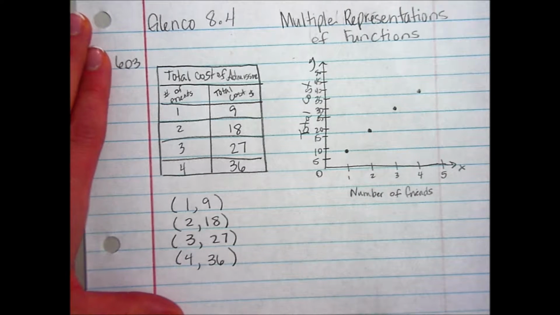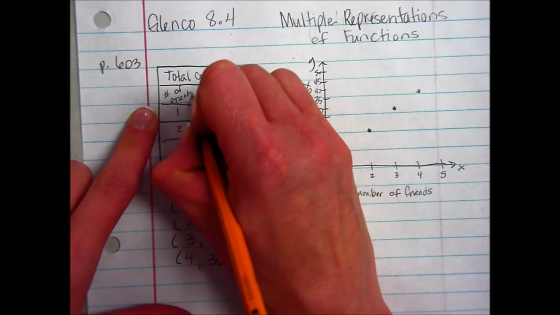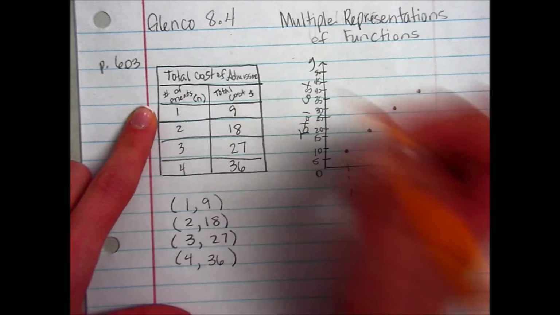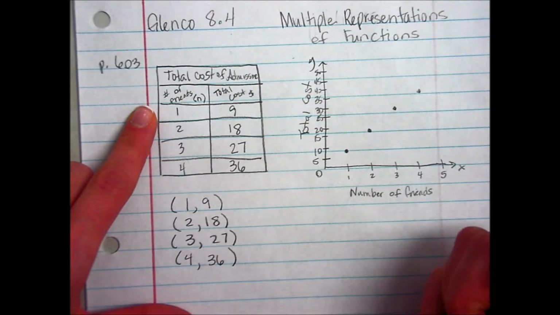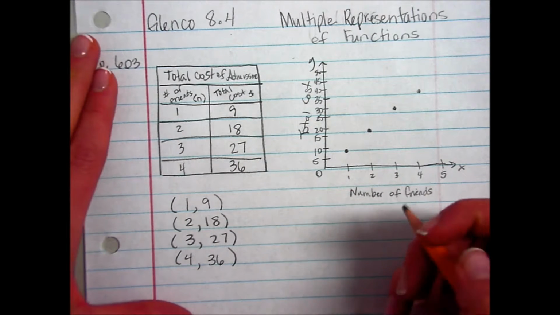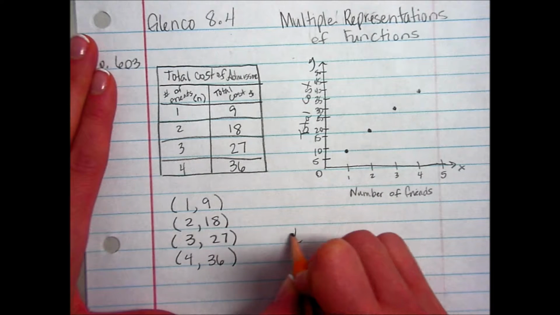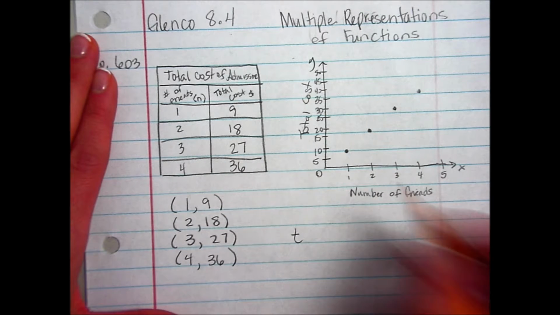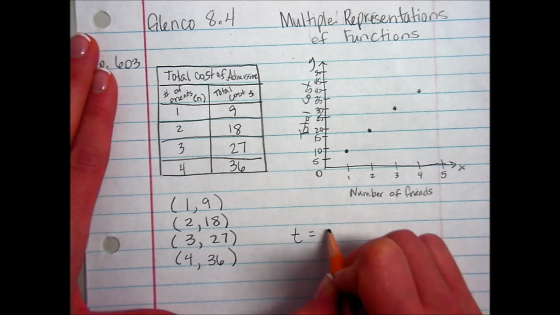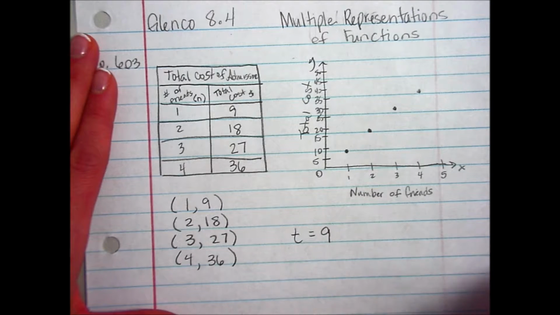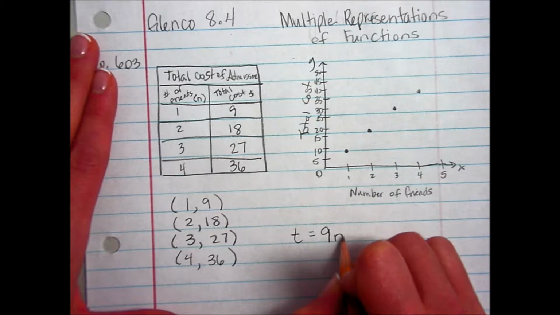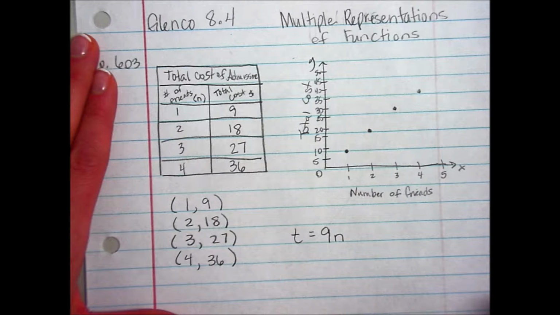So sometimes the book happens to use n because I think in their table they said that the total number of friends was going to be n, I guess n for number. And so the total would equal $9 each times the number of friends that are going.